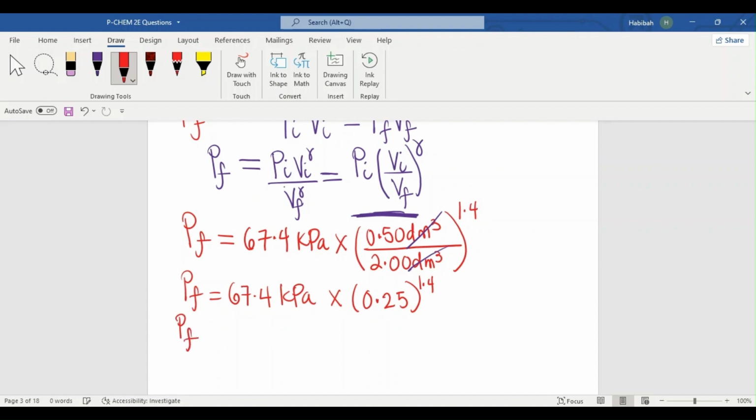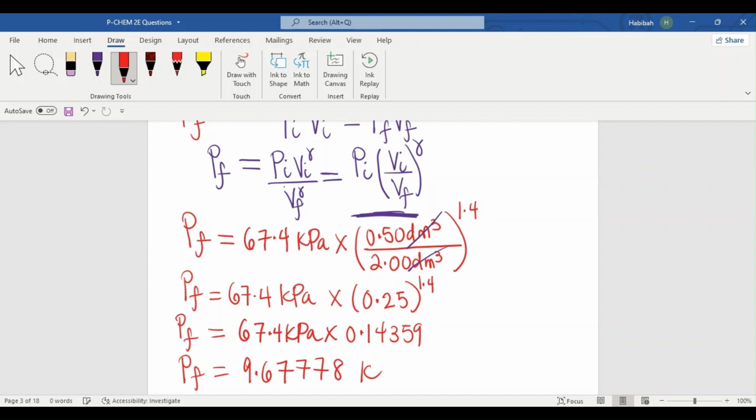So P final equals 67.4 kilopascal times 0.25 raised to the power of 1.4, which is the same thing as 0.14359. So P final equals 67.4 kilopascal times 0.14359, which is equal to 9.67778 kilopascal.